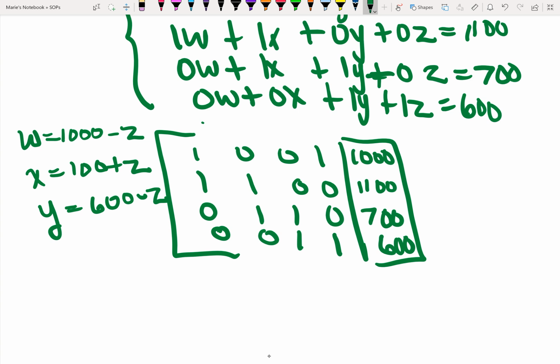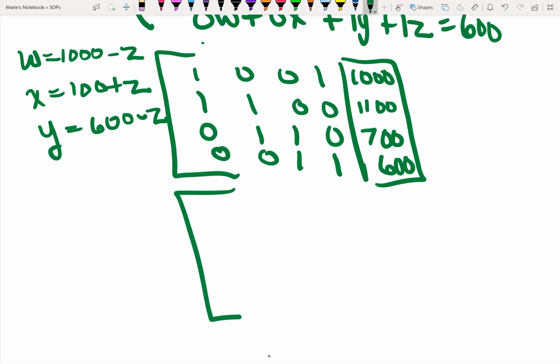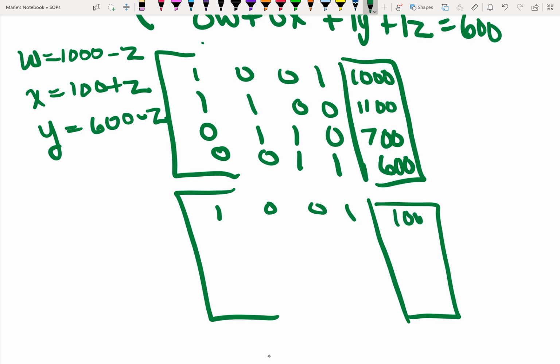And so this would cancel out the two middle equations. So I'm going to end up with 1, 0, 0, 1, 1000. The 1000 stays, right? Because that's going to stay as w plus z, and that's equal to the 1000. Nothing will change there. But in this case, if I do x minus z, I will end up with 100.